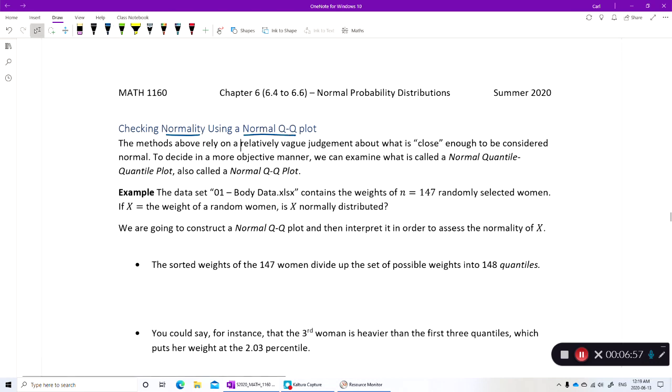What you'll be responsible for is that if I give you a normal QQ plot, you can interpret it, but you're not going to be required to make one of those plots. I am going to show you how to make one because I sense that some students would like to know that, but I'm not going to test you on whether you can do that yourself, only whether you can interpret that plot.